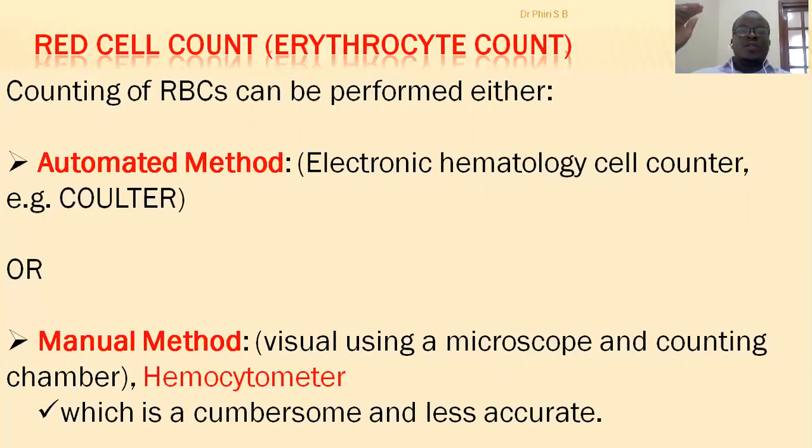So you have a differential diagnosis, and now you want to come up with a definitive diagnosis, you need to carry out certain tests. So red blood cell count is a blood test that you carry out to ascertain the number of red blood cells. On top of that, it's also going to give you data that you can use to calculate blood indices.